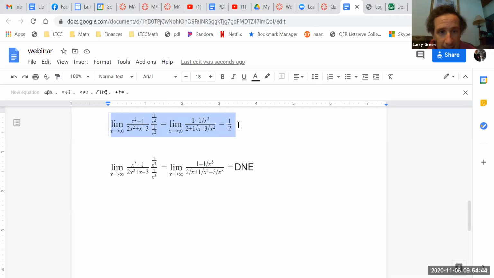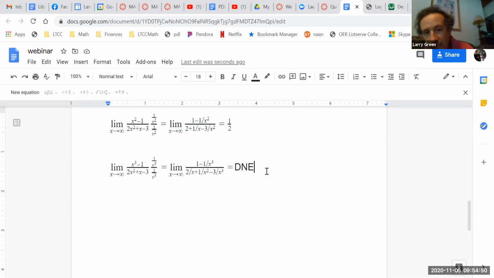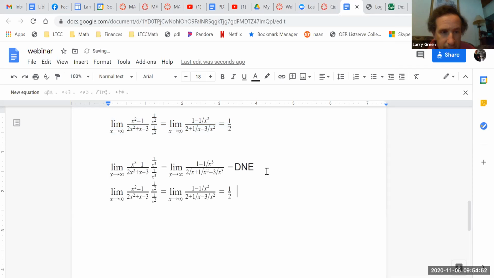What if I made this bottom square a cube? Well, we're still going to multiply by 1 over x cubed, top and bottom.